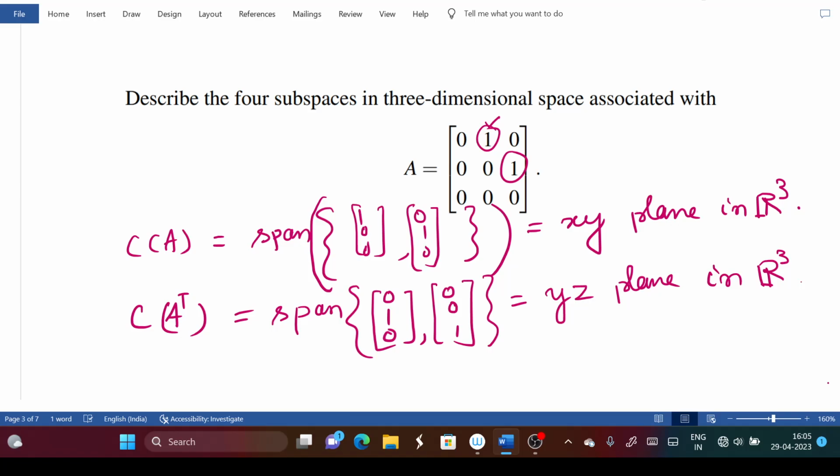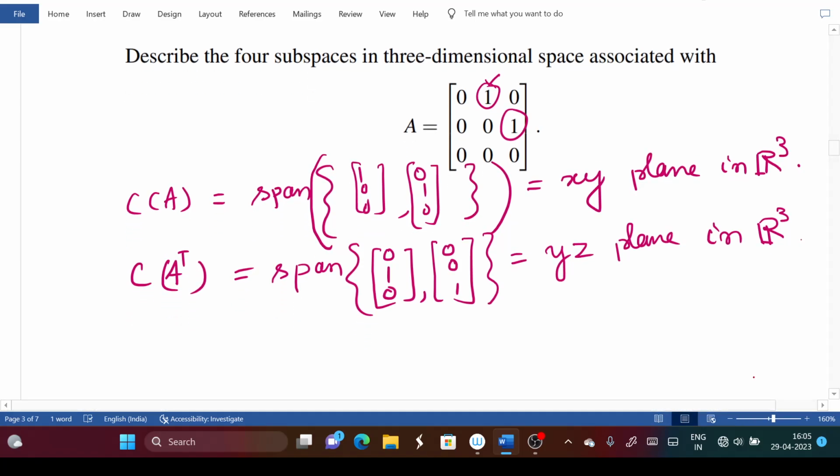Next is null space. So for null space, what are the equations? Let me write down the vector as x equal to (x1, x2, x3).